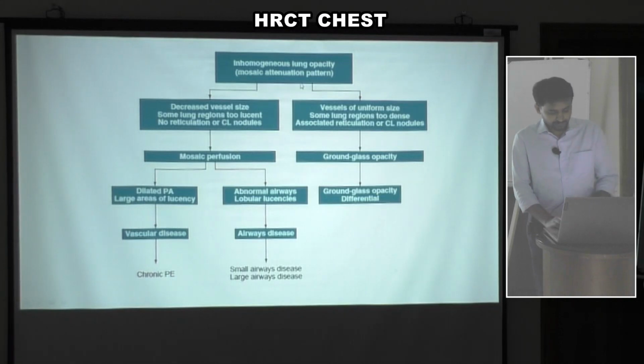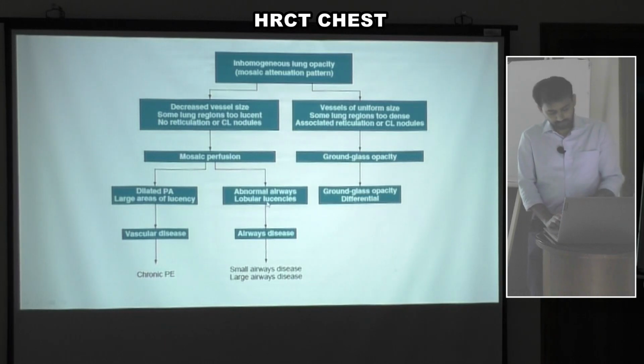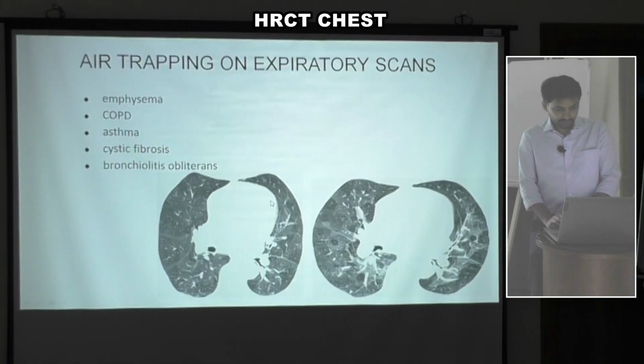These are inhomogeneous opacities, that is the mosaic attenuation pattern. Causes include mosaic perfusion, dilated pulmonary artery, vascular disease, and abnormal airways, either small or large airways disease. Vessels of uniform size are associated with ground glass opacities. You should look at ground glass opacities based on distribution and differentiate from infectious causes.